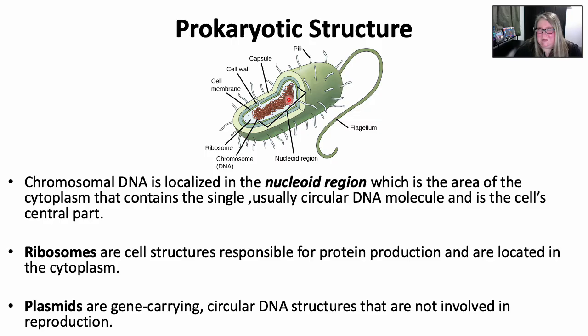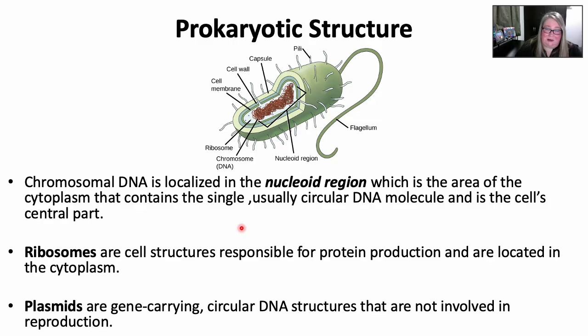Okay, and all organisms have more DNA than could normally fit in their cells without this twisting and looping over each other. Okay, so the genetic blueprint for all prokaryotic cells is going to be in this nucleoid region.